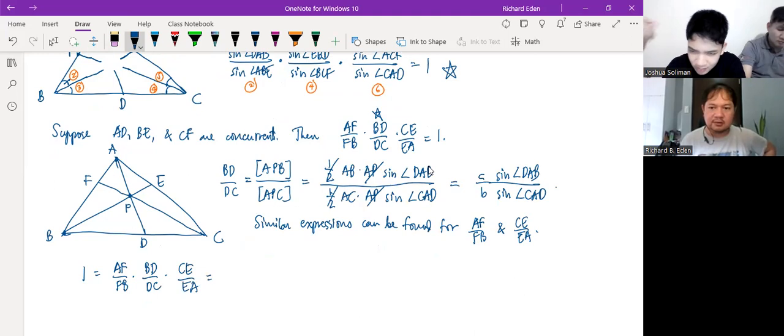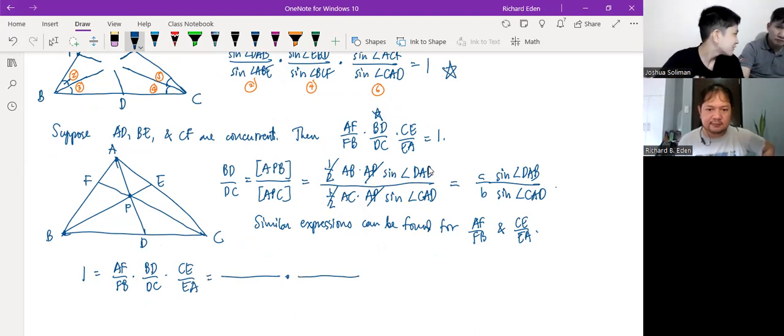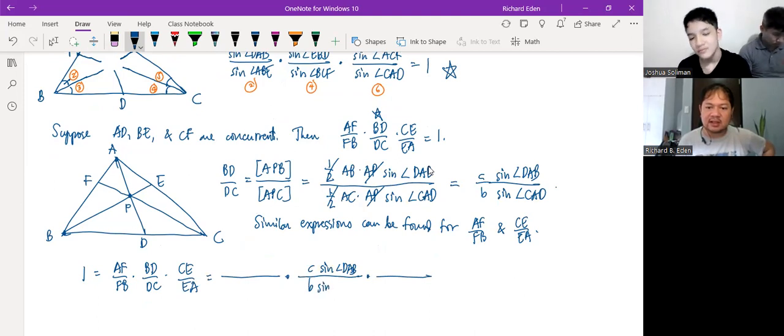So let's give space. So I have c sine angle DAB, and then b sine angle CAD.